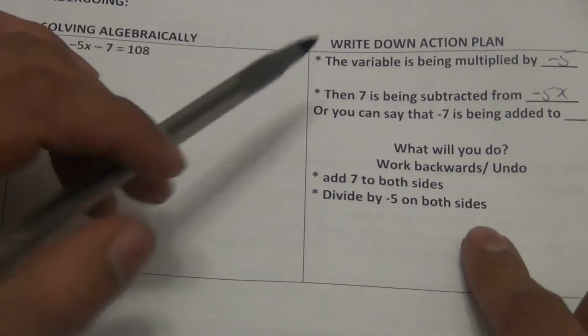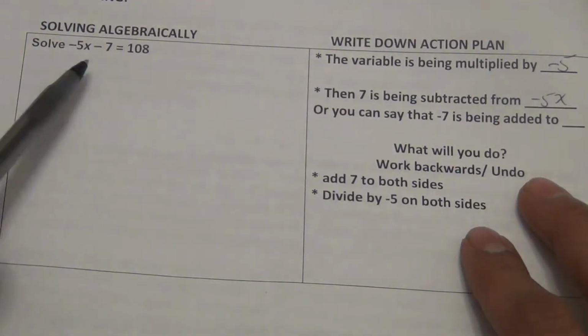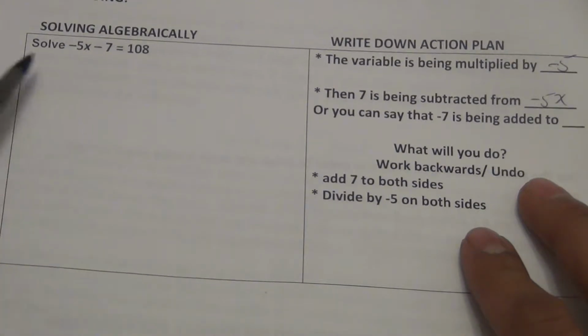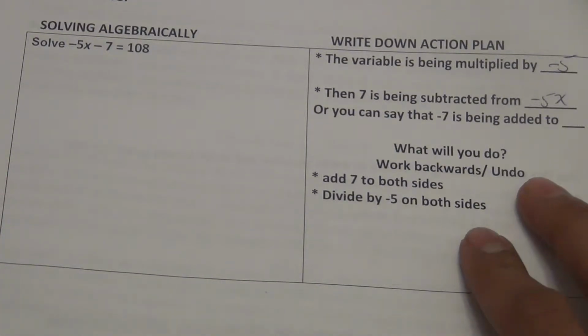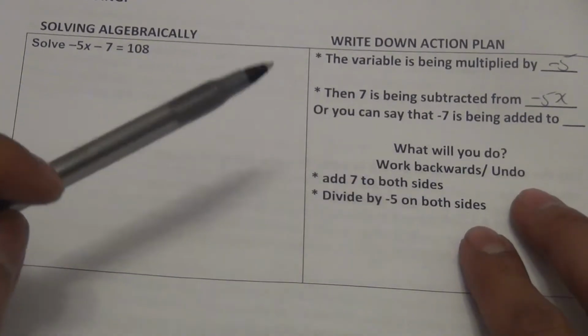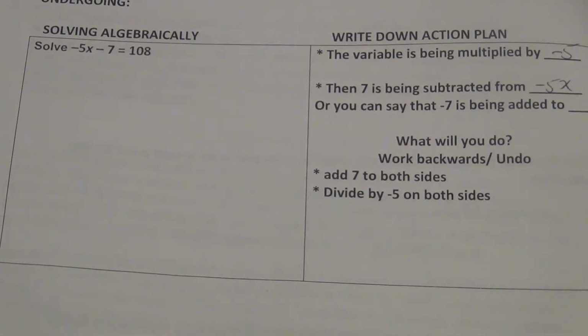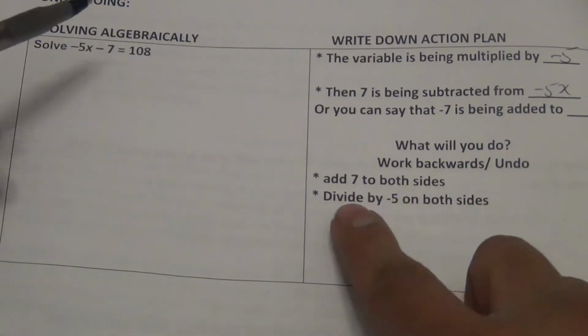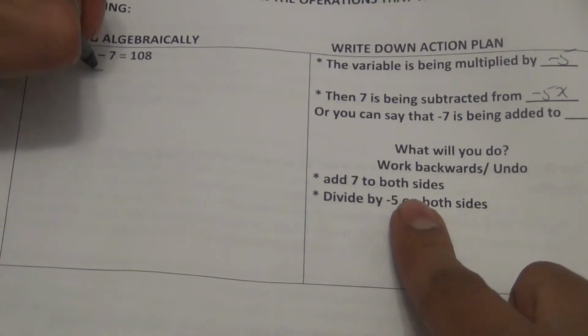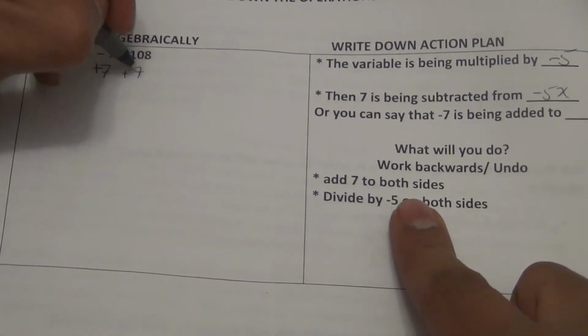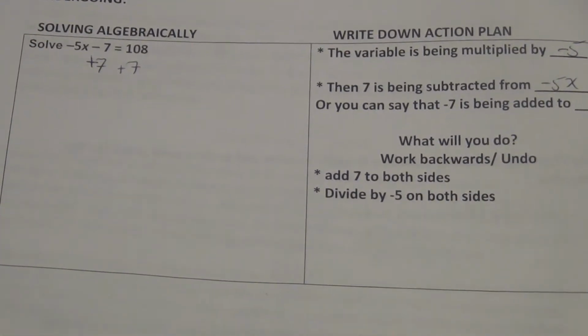All right, so this is a summary of what's going on. Then what will you do? Work backwards, undo. We spoke about it. So what am I going to do?